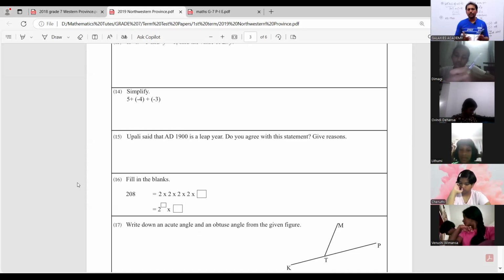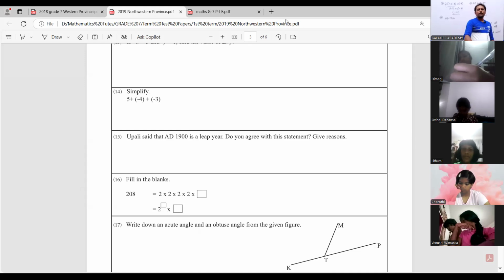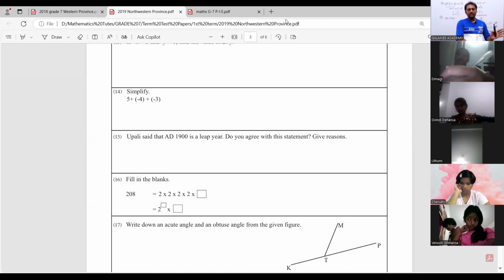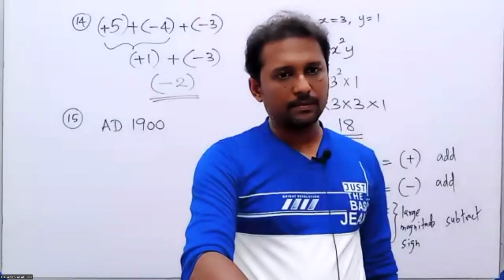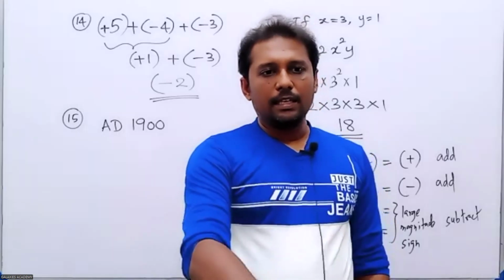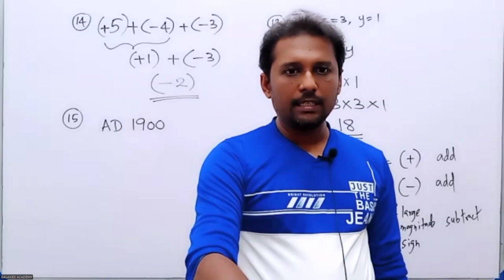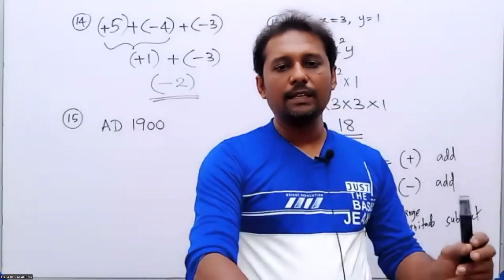You have to write yes or no and give reasons. Right, do you remember how you can check whether the given year is a leap year or not a leap year? What you have to check? If the given year is a leap year, it should be divisible by 4.